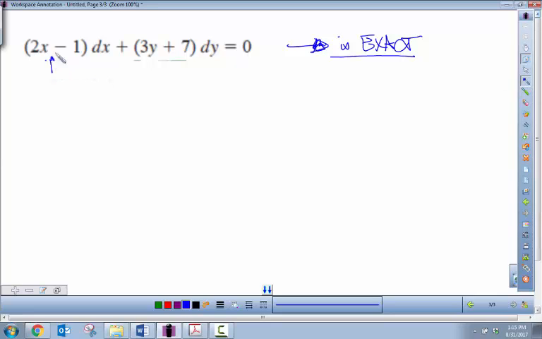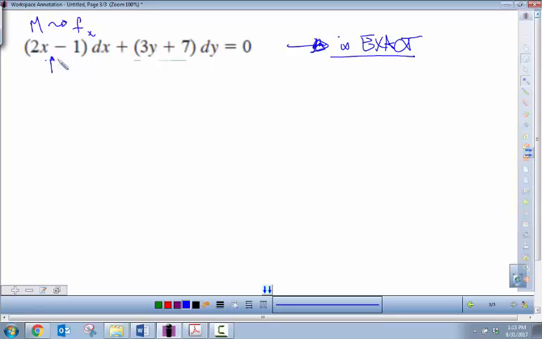Now, this is m, which theoretically we're thinking of as the derivative of some original function with respect to x. And our task is to try to obtain the original function.